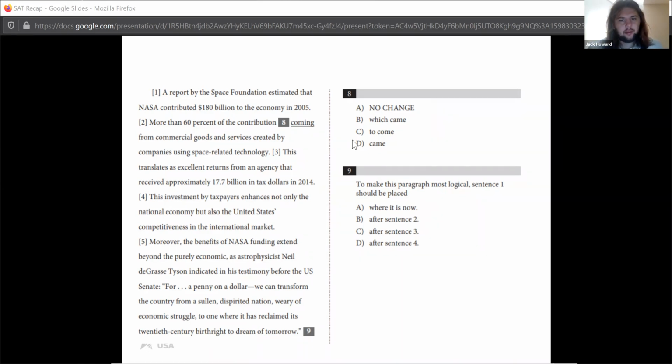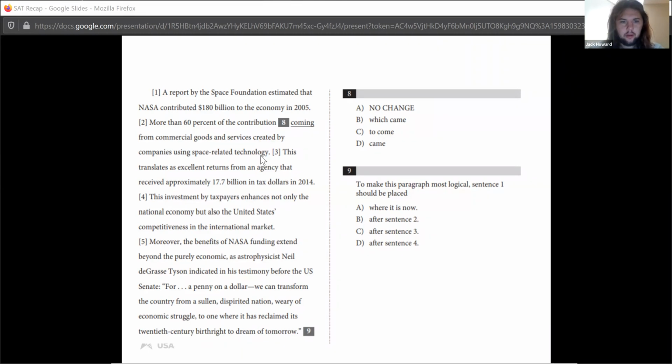For all options except D, sentence 2 would not be a full sentence. You need more than 60% of the contributions coming from commercial goods and services created by companies using space-related technology. That's not a sentence. There's no actual main verb there.